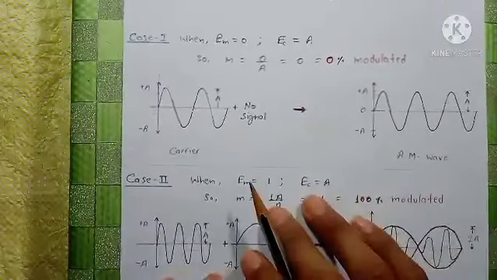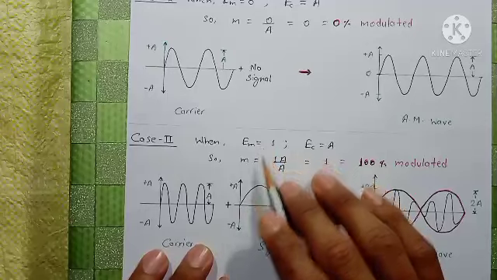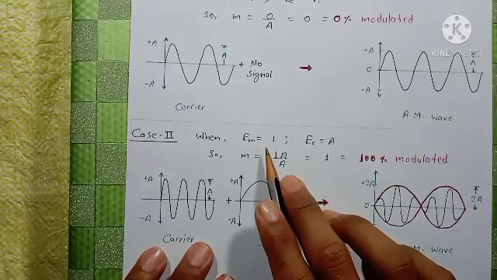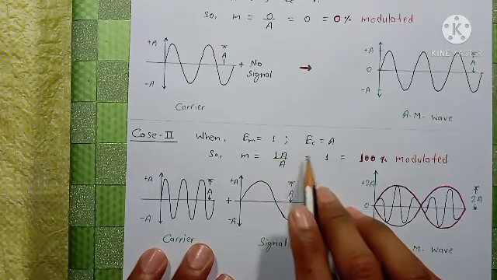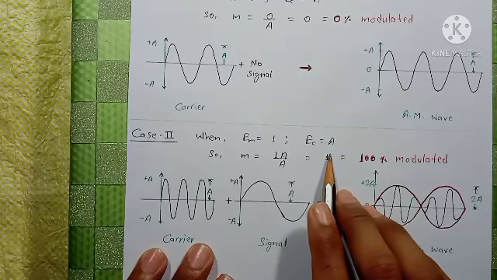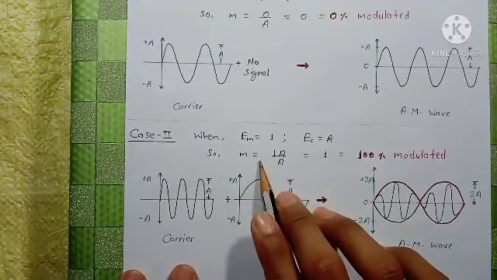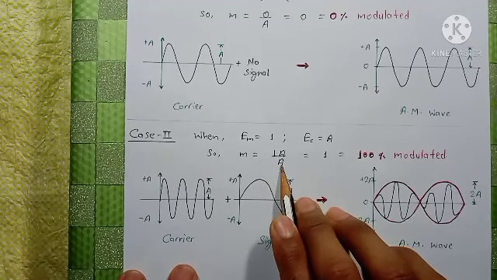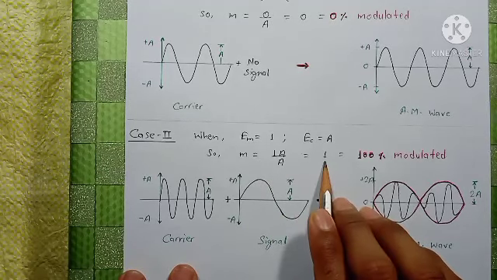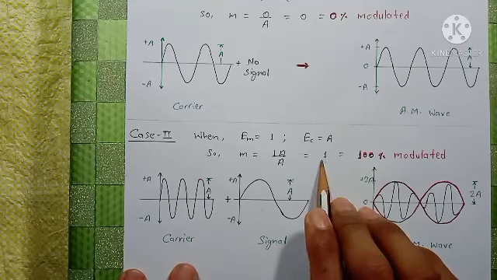In second case, when the amplitude change of carrier EM is equal to A and the amplitude of normal carrier EC is equal to A, we will get the value of M is equal to A divided by A, which is equal to 1.